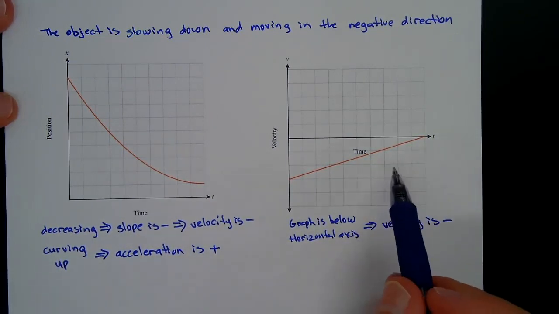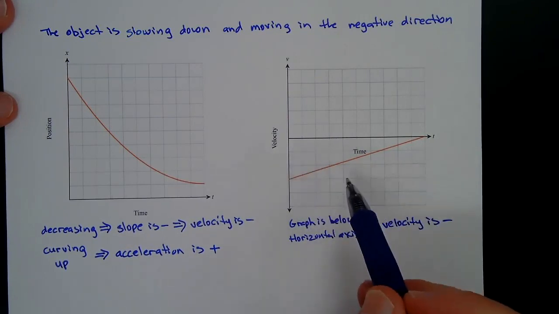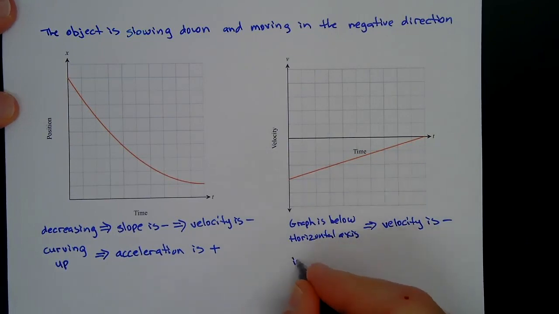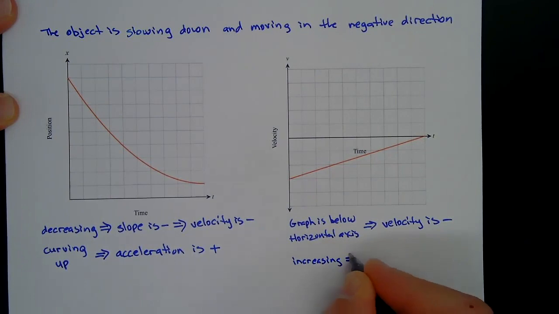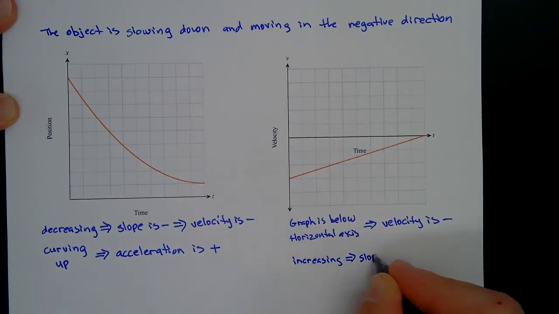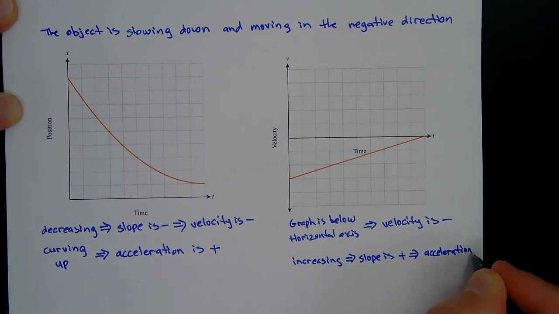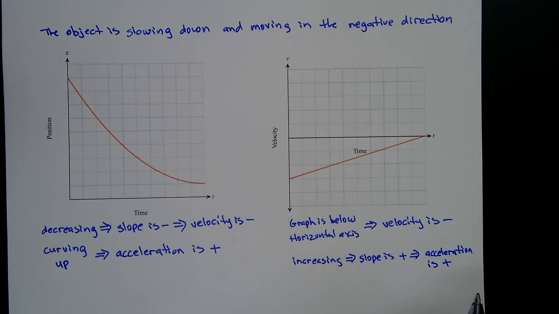Over here, the way I determine acceleration from velocity time is that I look at this and I see that it's increasing. And so that's telling me the slope is positive, which in turn tells me the acceleration is positive. Okay, so how do I know it's slowing down? It's because the velocity and the acceleration are opposite signs.